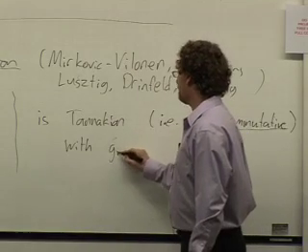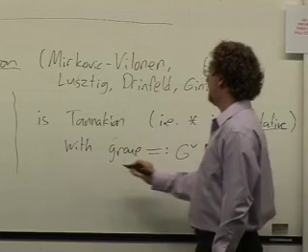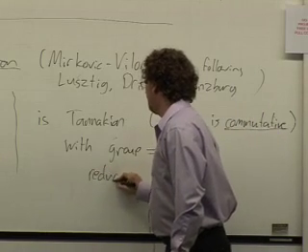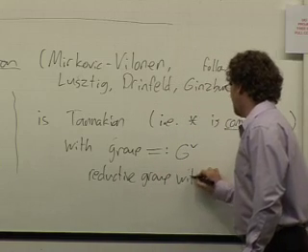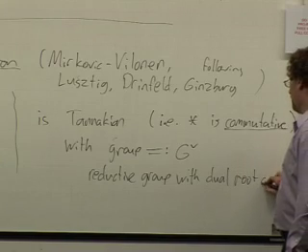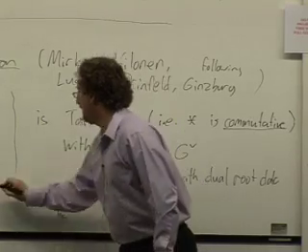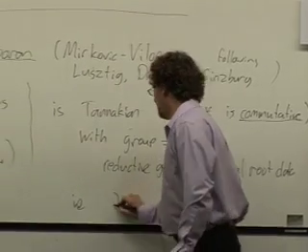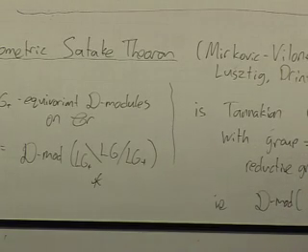Well, this is the definition of G check: a reductive group with dual root data. So the real definition of G check is that the D modules on this space are Rep G check.